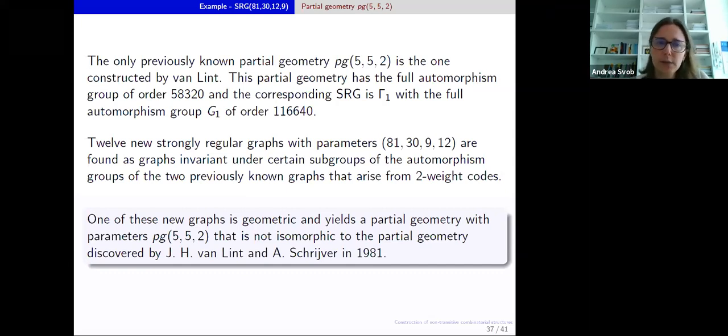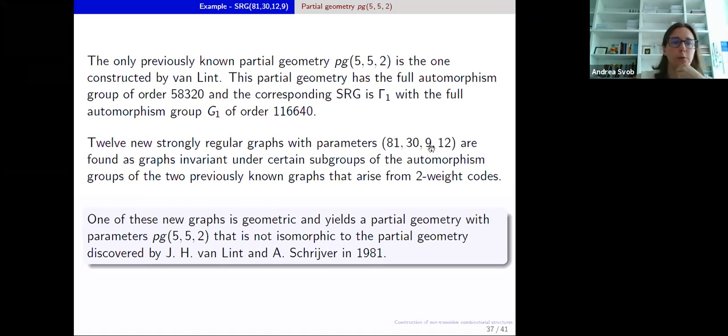In the work where I was explaining the non-transitive action and how we obtain some new non-isomorphic strongly regular graphs, I showed you that we obtained 12 new strongly regular graphs with these parameters. All these 12 new strongly regular graphs are pseudo-geometric, which means that they are satisfying the conditions.